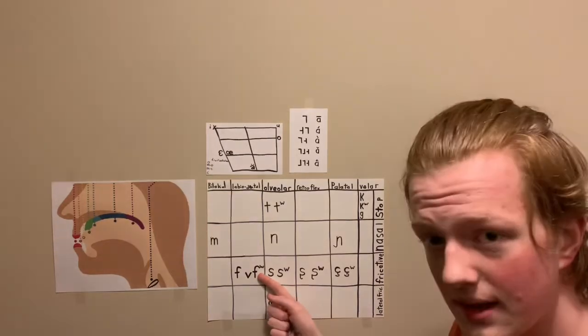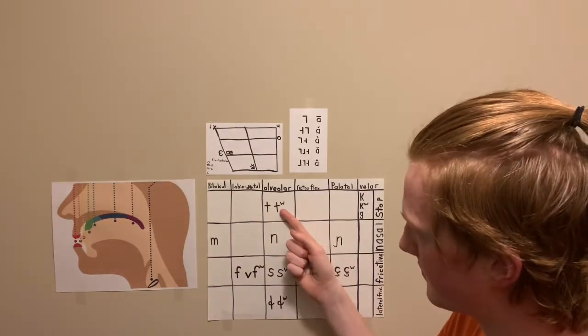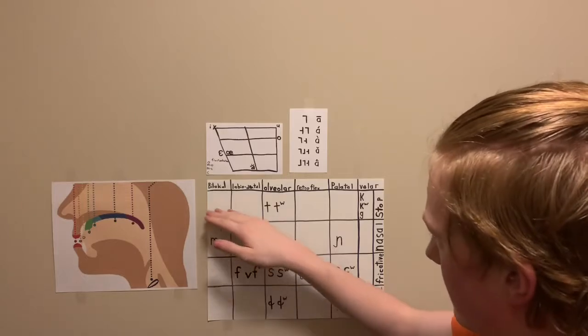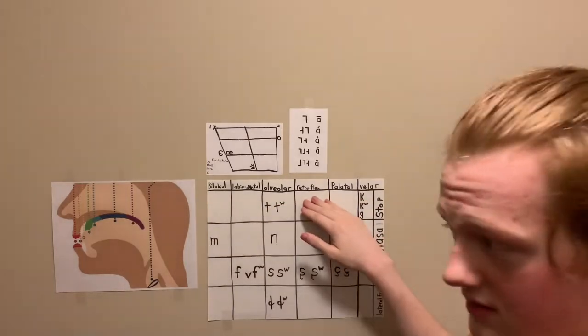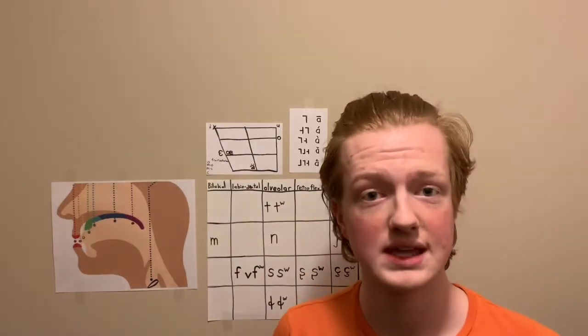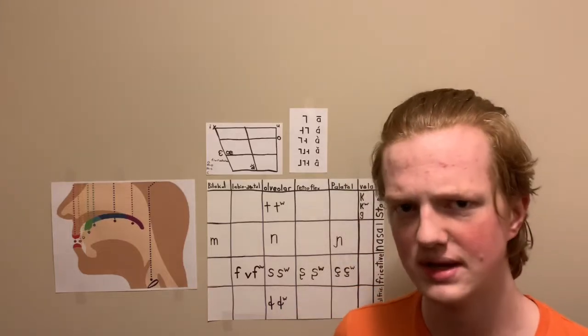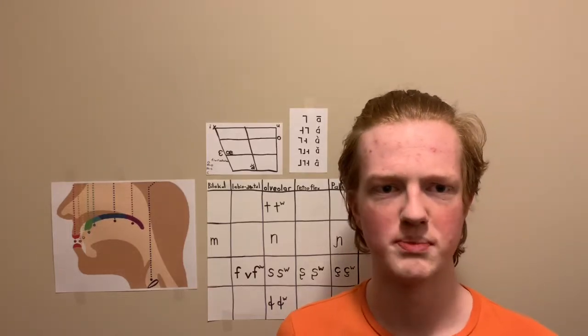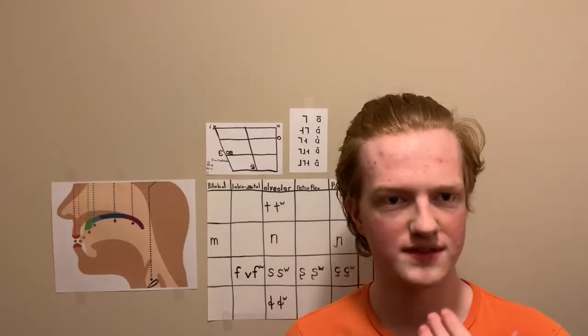So fwa and twa. Now, this row of consonants are in the stop category. A stop in linguistics is when you pent up air in your mouth and hold it there and then release it all at once.